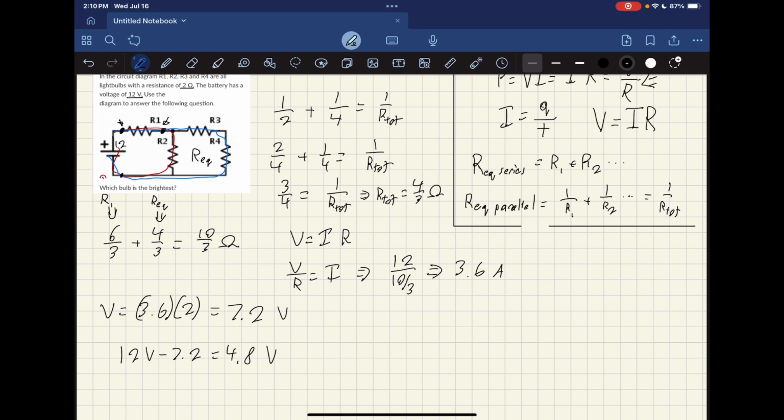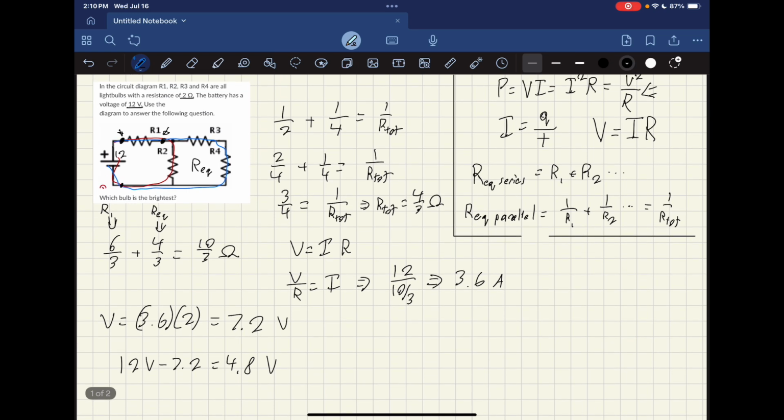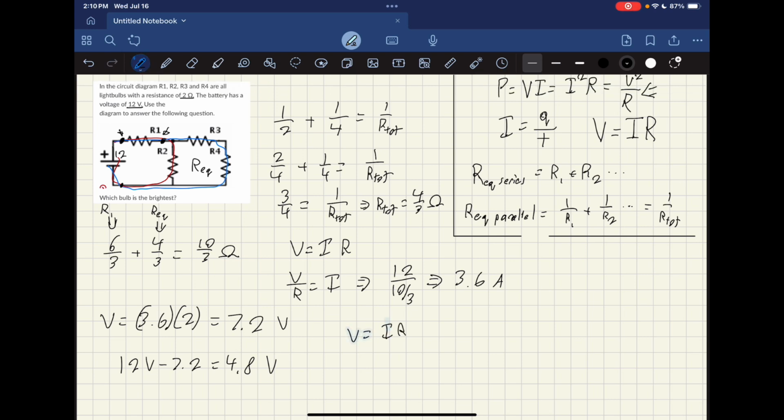We know the total current. I'm going to find the current through each individual resistor. And I'm going to use the equation, once again, V equals IR. So this means that our I equals V over R. For R2, R is just 2 because it's the only resistor, and our voltage is 4.8.